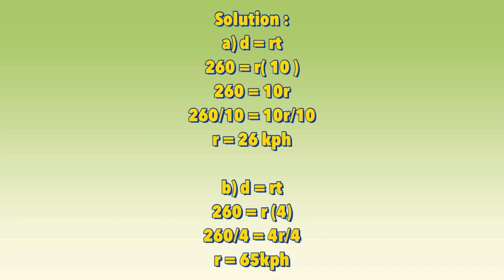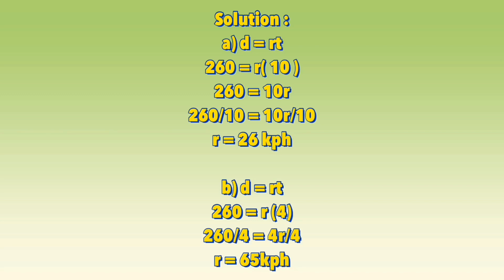So our solution for letter A, we're going to use again the common formula D equals RT. Since the given distance is 260 kilometers, we substitute for D: 260 equals R, not yet given, times the time, which is given as 10 hours.